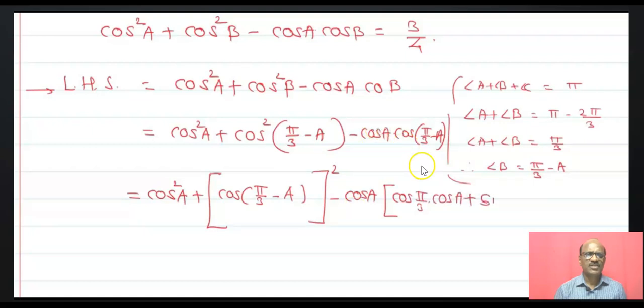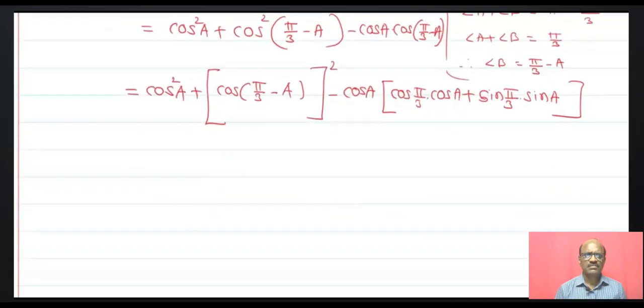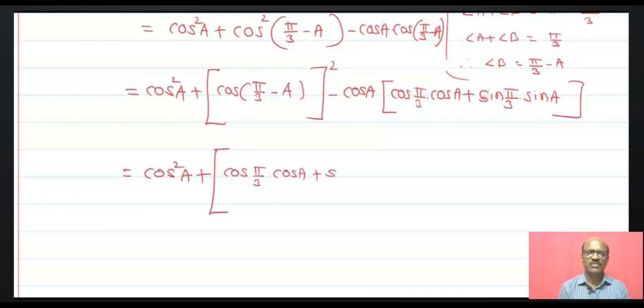That is, the cos of A minus B means cos A cos B plus sin A sin B, bracket complete. Now the expansion: cos square A plus cos of pi by 3 minus A, that is, cos of pi by 3 into cos A plus sin of pi by 3 into sin A, bracket square.